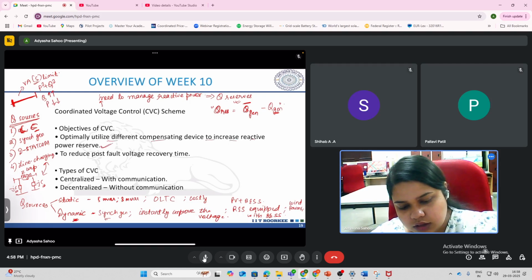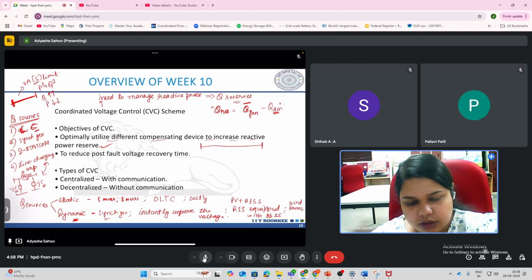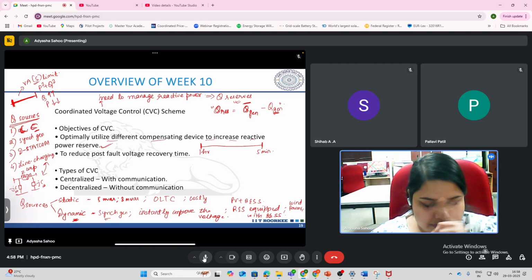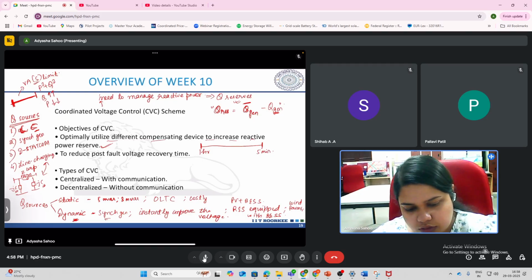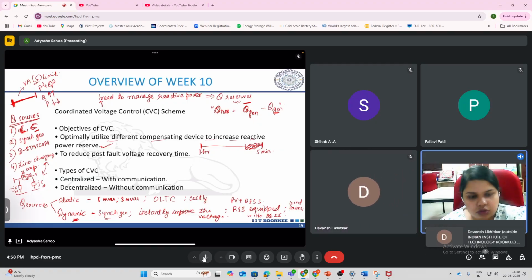What it means is, let's say you have a time period of operation, from 1 hour to let's say 5 minutes. You try to keep your dynamic reserves for near real time.